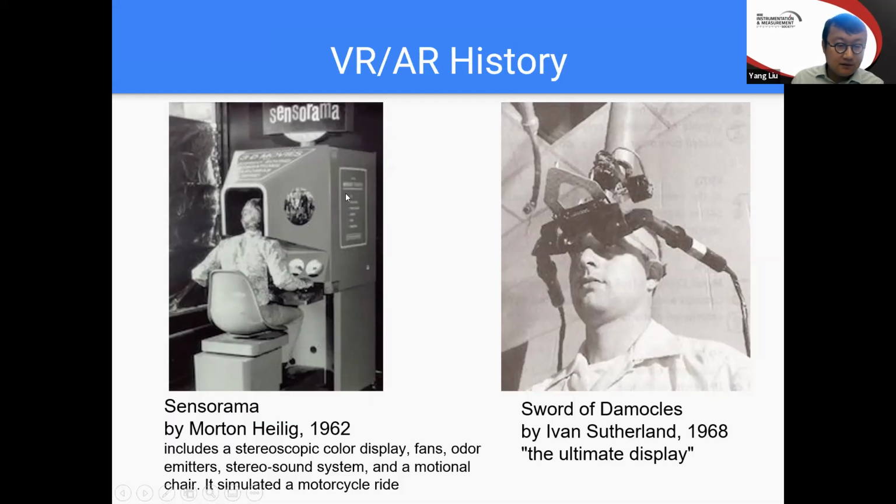So this system could simulate a motorcycle ride. On the right is the famous Sword of Damocles by Ivan Sutherland. This is the so-called ultimate display. At the time, due to the weight constraint, the system had to be mounted onto the ceiling and supported by mechanical structures. But you also had a stereoscopic display.